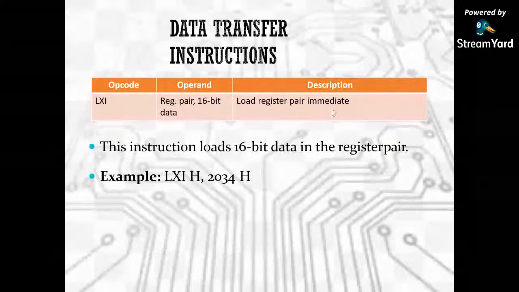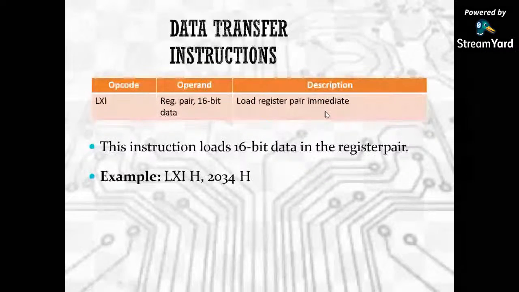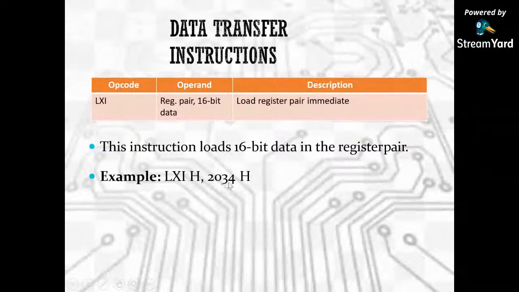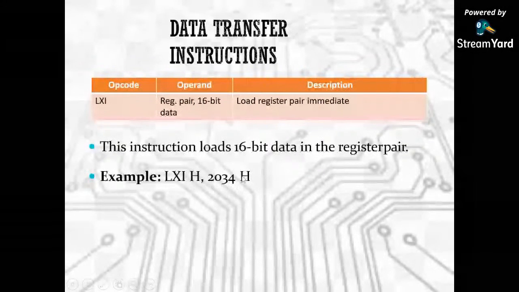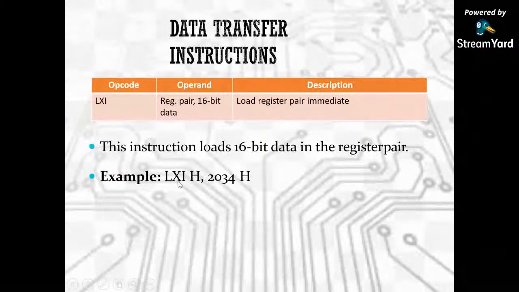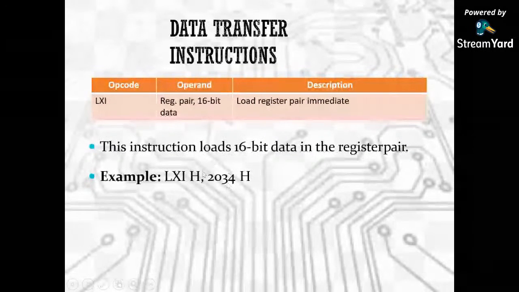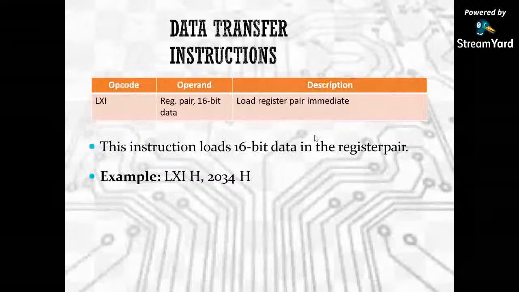Misalkan juga load register pair. Ini ada 16 bit data yang akan ditransfer, jadi besar sekali. Ini bisa dimasukkan ke LXI H. This stands for the HL registers, high and low. Misalkan BC itu bisa dijadikan satu.